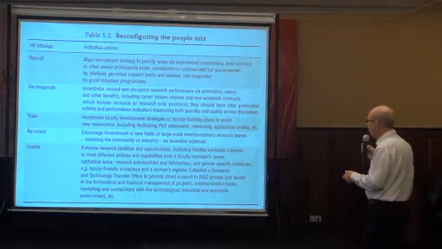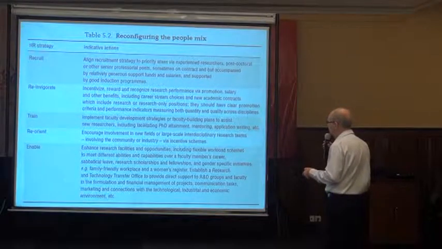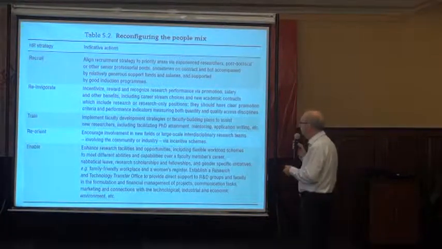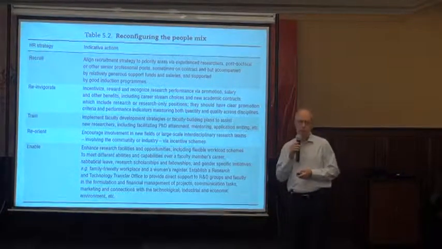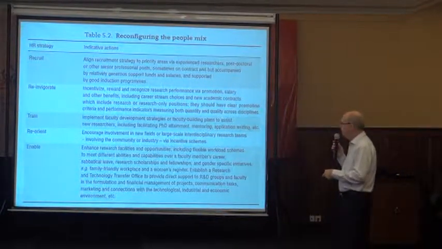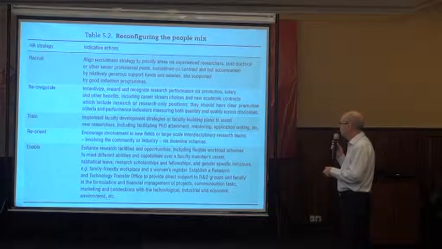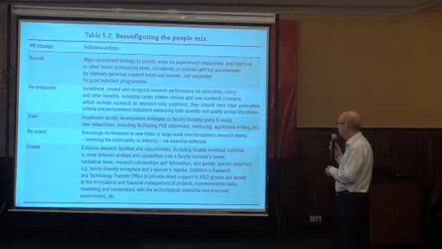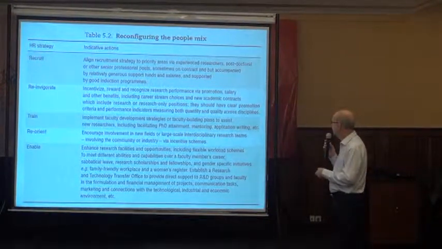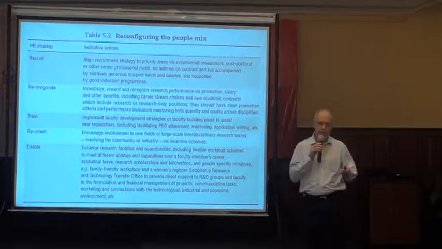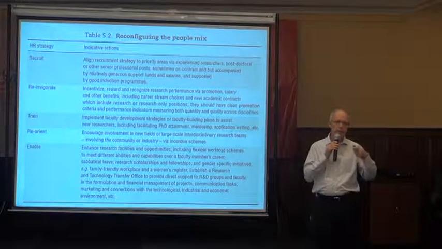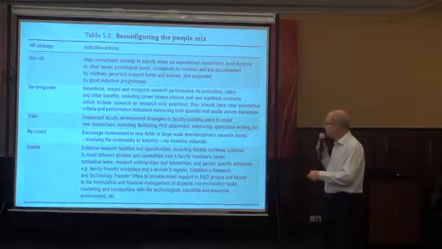But basically, an HR strategy includes recruitment of new people, align recruitment strategy to priority areas, reinvigorate, that is incentivise, reward and recognise research performance via promotion, salary and other benefits, etc. But that needs to be in the context of the plan, the strategy moving forward, and so on.